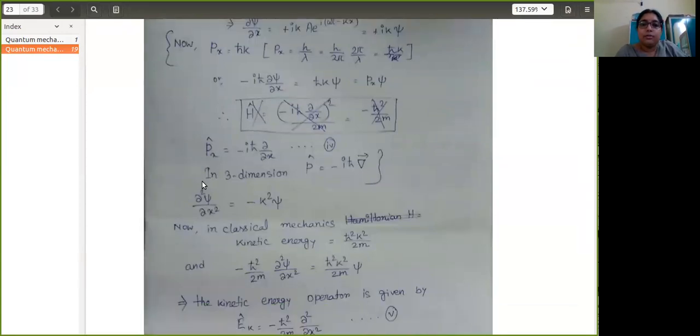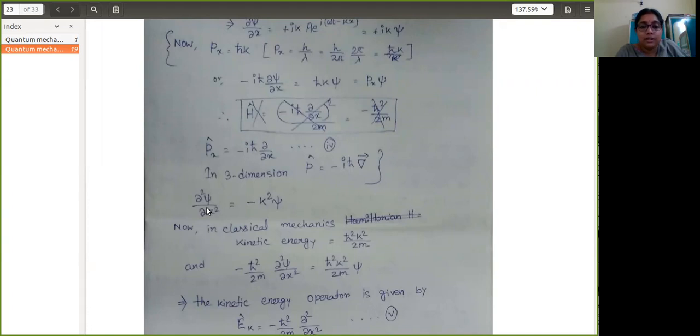So we got the momentum operator. Now, if you do the double derivative of that equation, you get del 2 psi del x2 equals minus k square psi. In classical mechanics, kinetic energy is given by p square by 2m. P is h cut k, so it will be h cut square k square by 2m. So here we have to get h cut square k square by 2m multiplied by psi. So what do we have to multiply del 2 psi del x2 with?